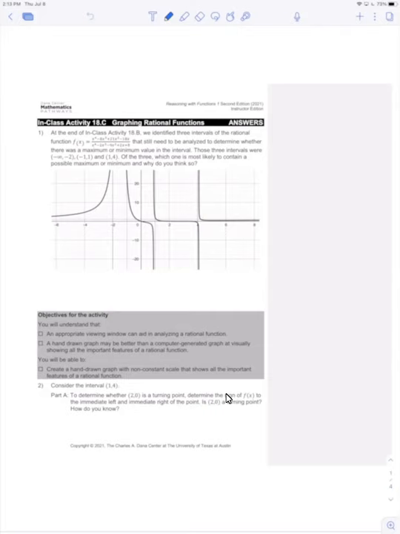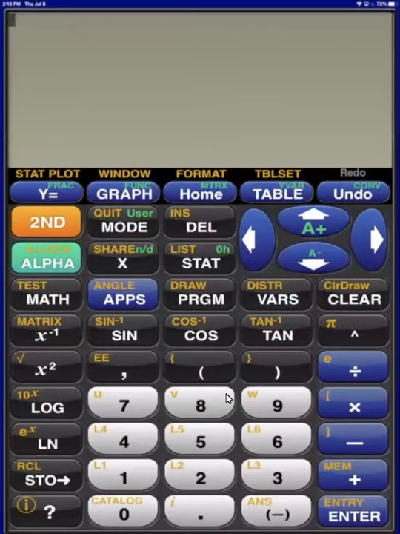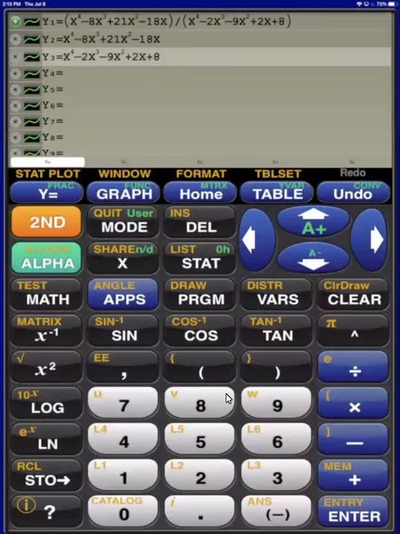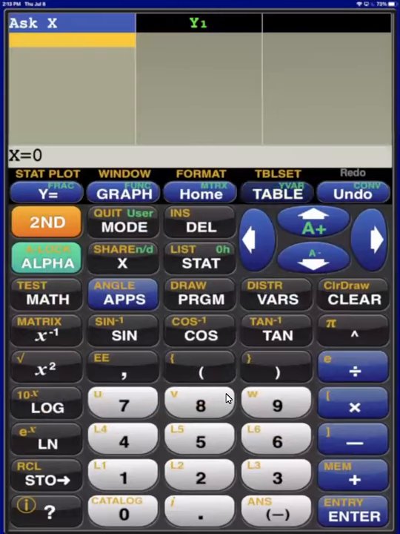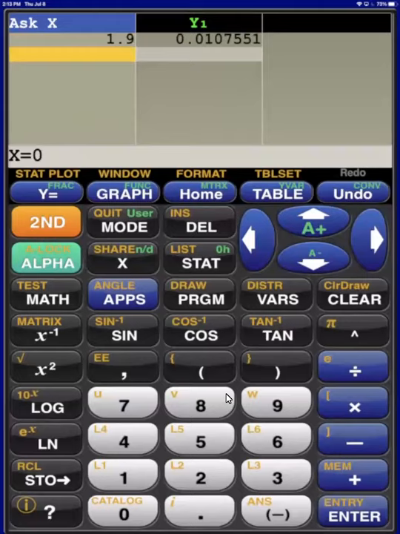I have this graphed from before, so let's go here. I have it entered on Y1, and instead of graphing this, let's go to the table, and I'm going to put in some values. If we're thinking 2, 0 is or could be a turning point, one way to decide would be to take a point just to the left of this and look at whether it's positive or negative, and then take a point just to the right of 2, 0 and see whether it's positive or negative.